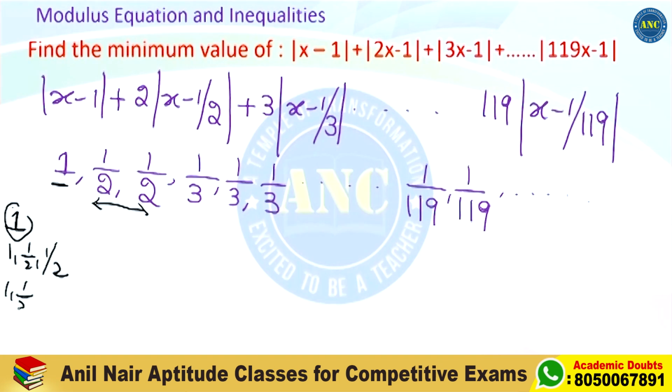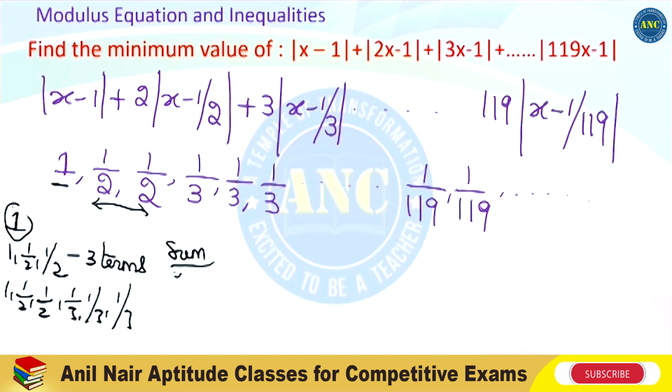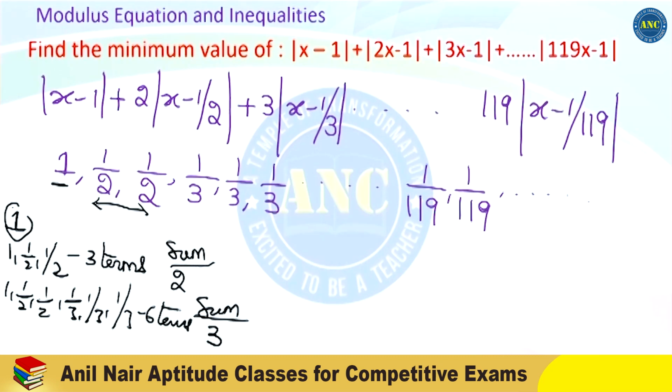Again it is 1, 1 by 2, 1 by 2, 1 by 3, 1 by 3, 1 by 3. Now if you see, total 3 terms I have taken, and the sum came out to be 2. Total 6 terms I have taken, sum is 3. So that means if it is 2, these are nothing but 2 into 2 plus 1 by 2.